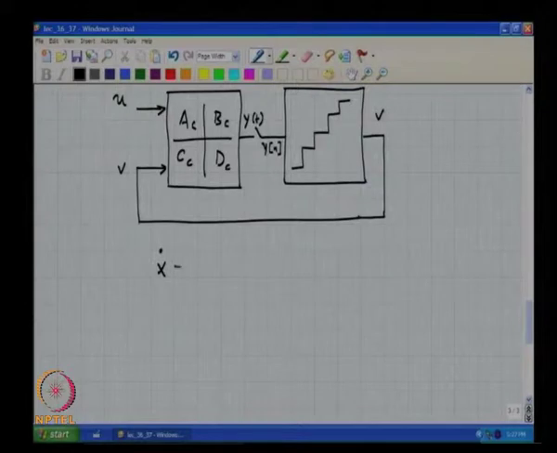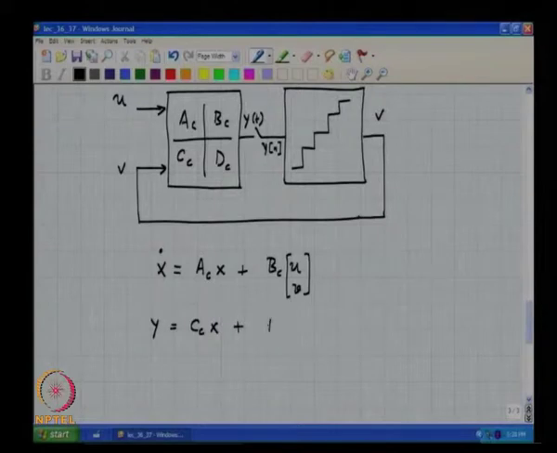X dot is AC times x plus BC times u and v, and y is nothing but Cx plus d u1.